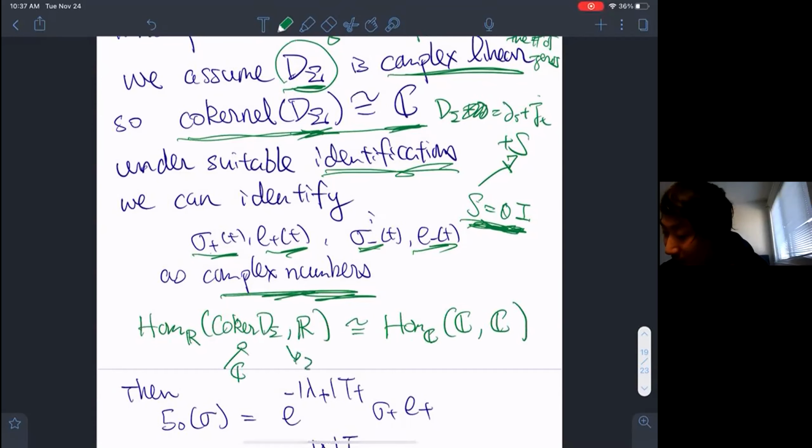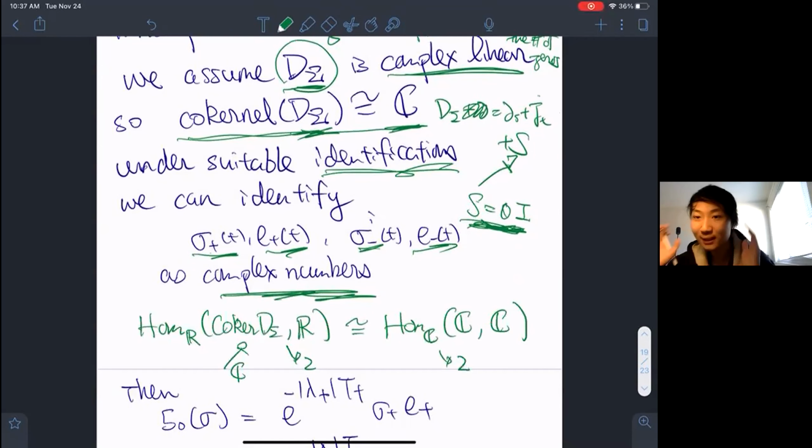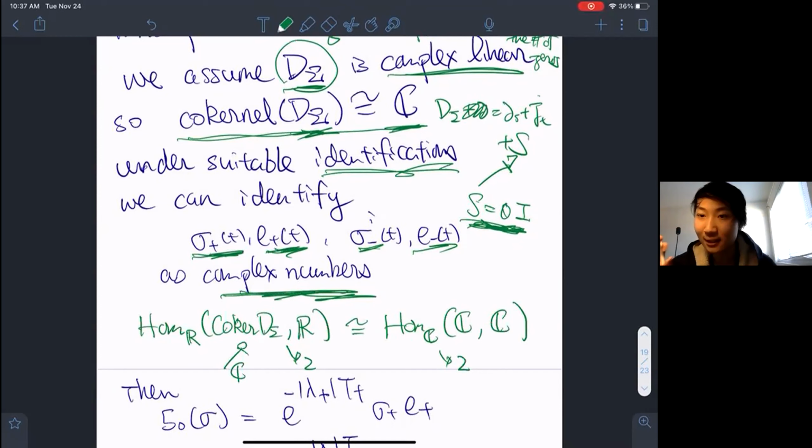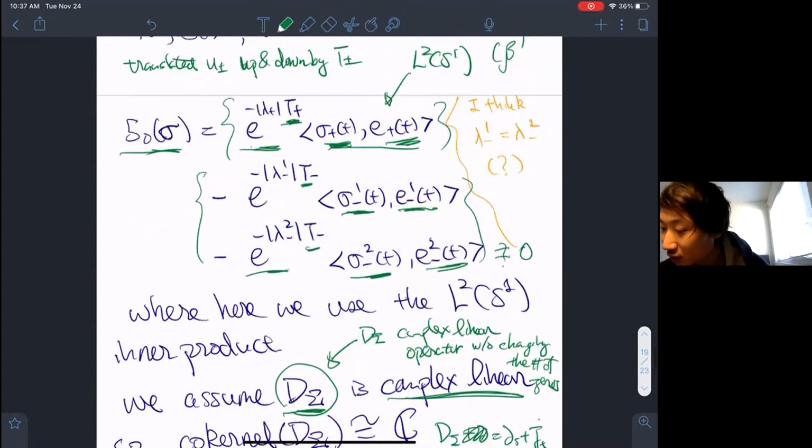This is 2 real dimensional, and this is also 2 real dimensional. But the point I'm saying is that with some certain identifications, you can treat these as complex numbers because, well, we're taking their L2 inner product anyway. So these are just real numbers, you know.